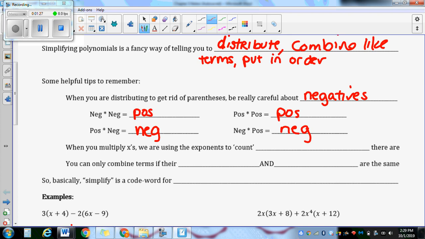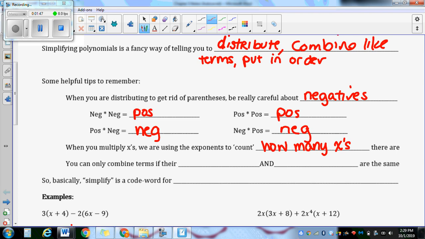When you multiply x's together, or y's, or z's, or w's, whatever letter you're doing, you are using the exponents to count how many x's there are. So that x to the fifth says there are 5 x's here.